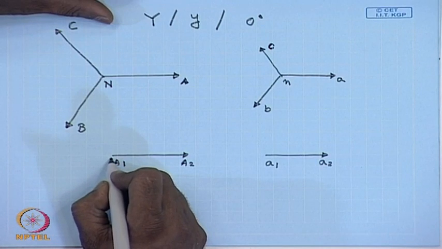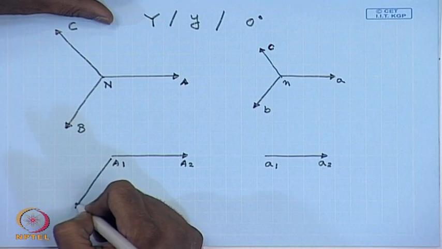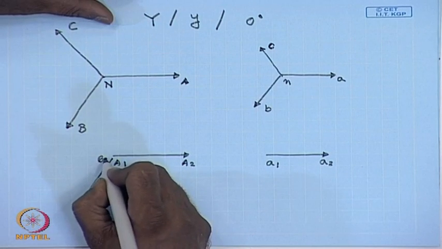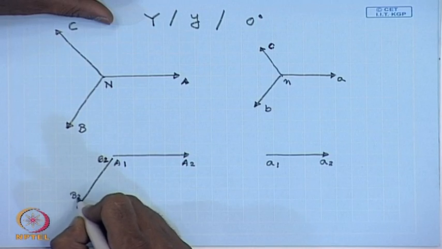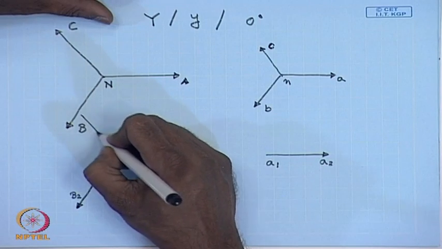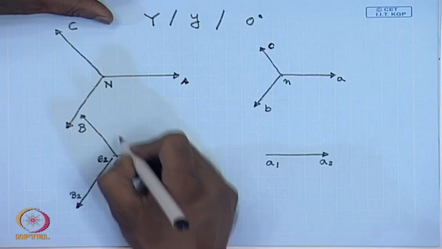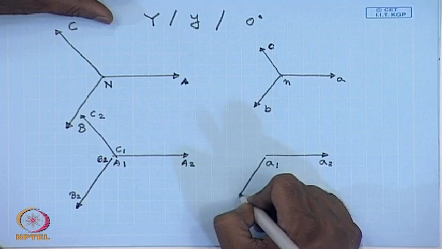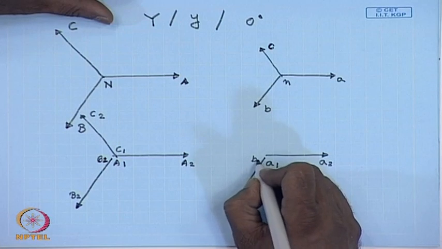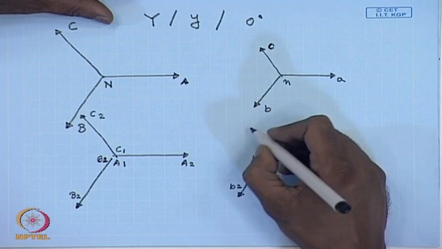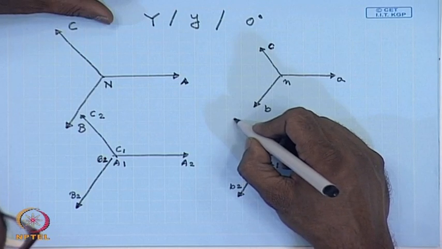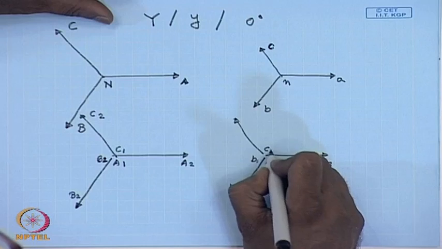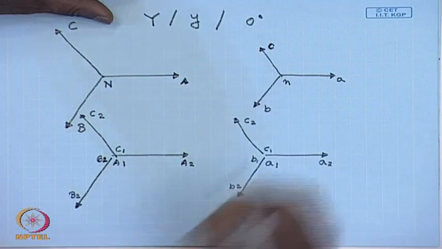This is between B2 and B1, and this phasor is between C1 and C2. This is again between B1 and B2. This is between C1 and C2.